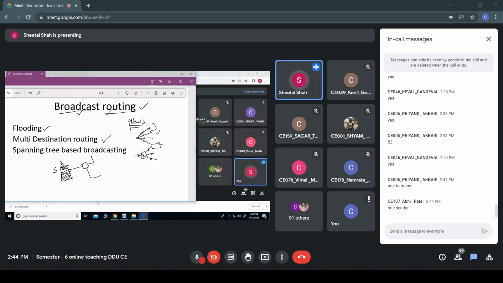There might be another router also connected, and say host B is connected, host C is connected, host D is connected, and host E is also connected to these routers.